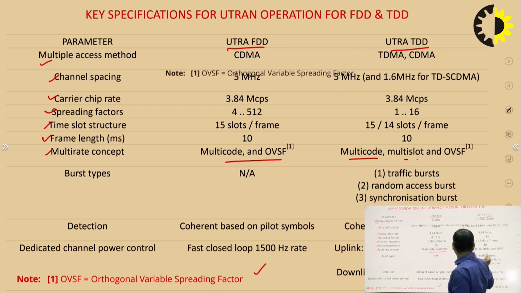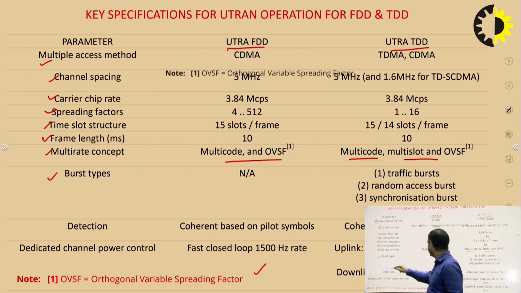And multi-code and multi-slot and the OVSF is also used. Burst type: in the case of UTRA FDD there is no requirement, but in the case of UTRA TDD it uses the traffic burst, random access burst, synchronization burst.